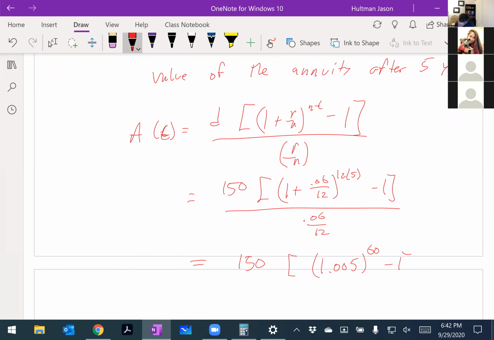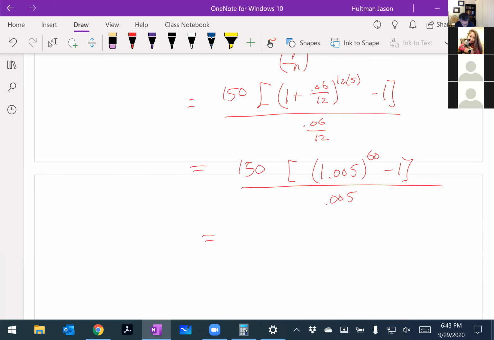And if I were to plug this into a calculator, I would get approximately $10,465 and 50 cents after 5 years.